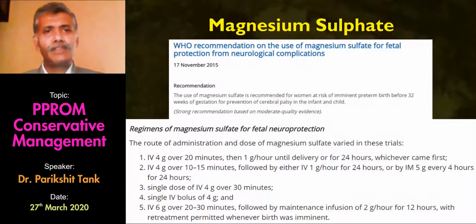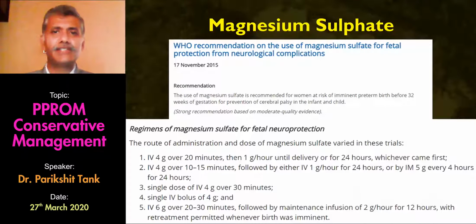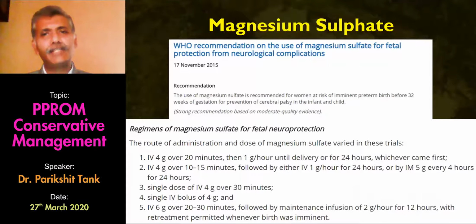One of the more recent interventions that we have started offering women who are delivering preterm, not only in preterm pre-labor rupture of membranes, but in preterm deliveries as a whole, is the use of magnesium sulfate.